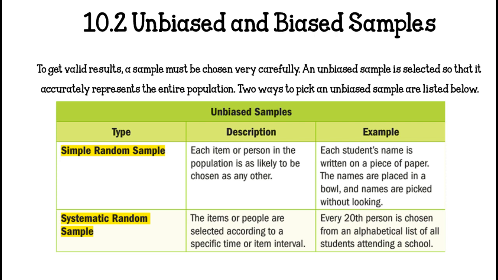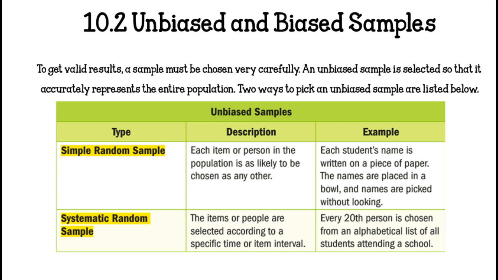The description of a simple random sample is each item or person in the population is as likely to be chosen as any other. An example of this is each student's name is written on a piece of paper, the names are placed in a bowl, and the names are picked without looking. So my spinner would be a simple random sample when I use the spinner to choose names.